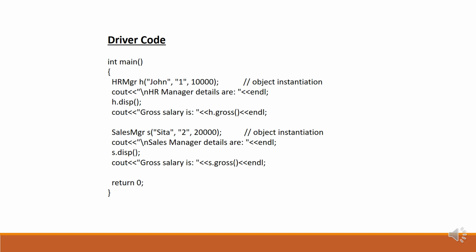Please note that the display function is not defined in the HR manager derived class. It is, however, defined in the base class manager. So the disp function of the base class, that is manager, would be invoked, which displays the basic details of a manager, that is name, ID, and basic salary.